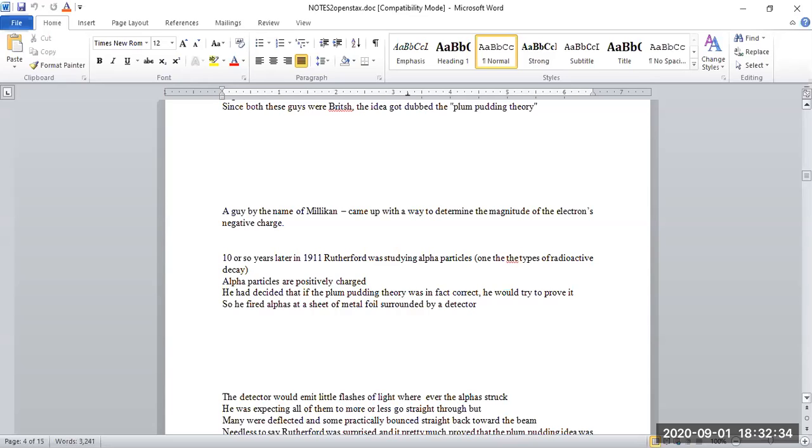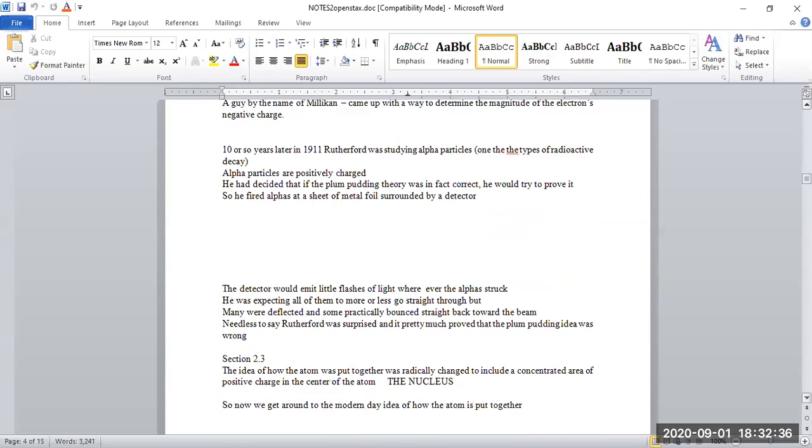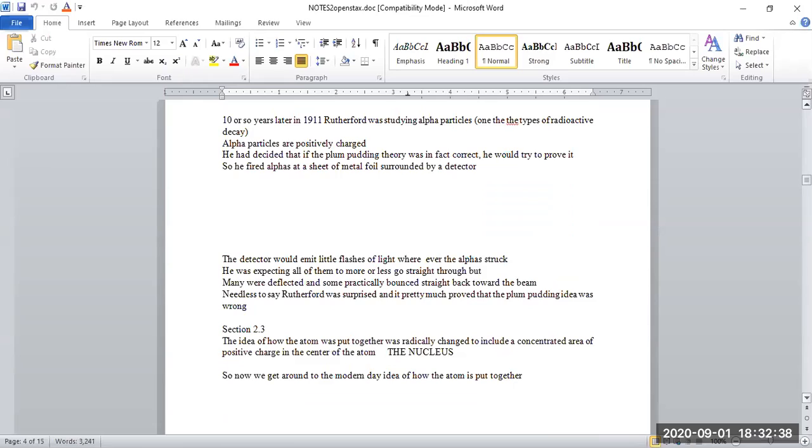So anyway, he's shooting his little blips at the gold foil. Think about going to the firing range and shooting bullets at a paper target. Obviously, you expect your bullets to go through the paper target and hit the backstop.